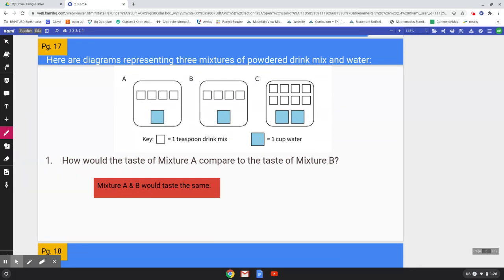Now your key, this is important to know: the white is a tablespoon of the mix, and the blue is a cup of water. How would the taste of mixture A compare to the taste of B? What you're going to write in your book under number 1 is, they would taste the same. This and this are exactly the same.